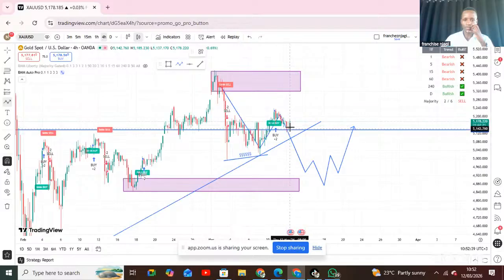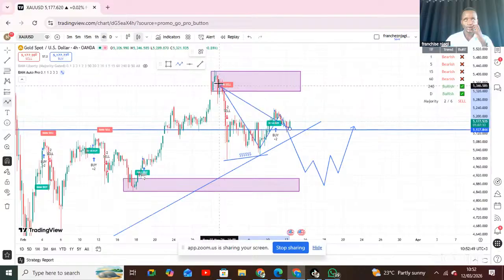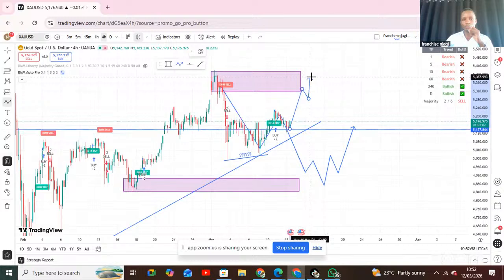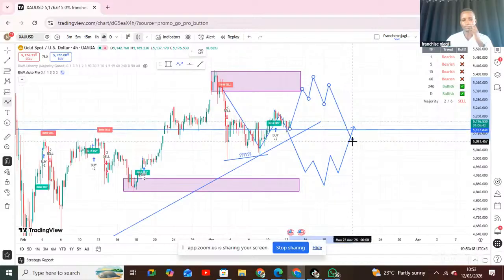if the market comes to this area, it will first respect this zone, and then we try to pull back a bit, consolidate somewhere here, and then sweep, manipulate, or sweep the liquidity that will be around here, and then push back onto sells, and then pull back and create a head and shoulders, and then we continue selling.